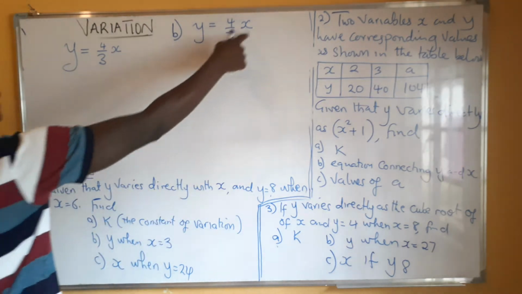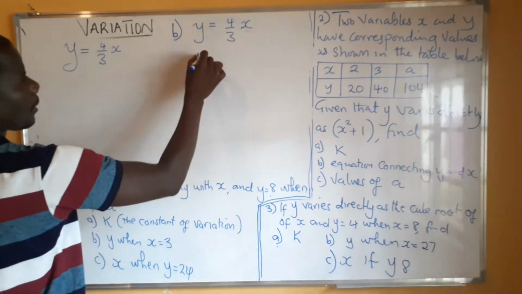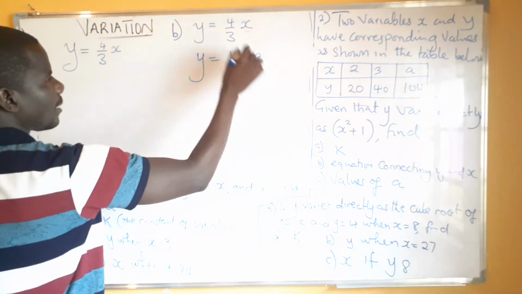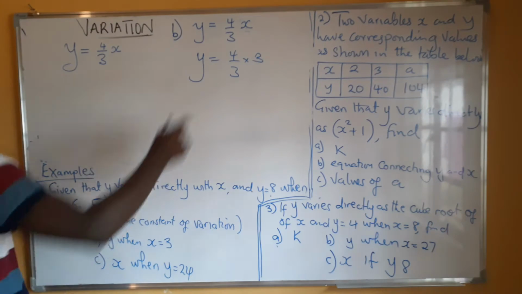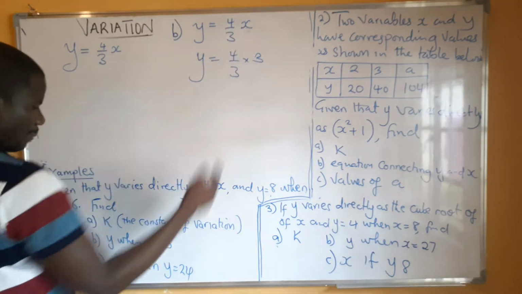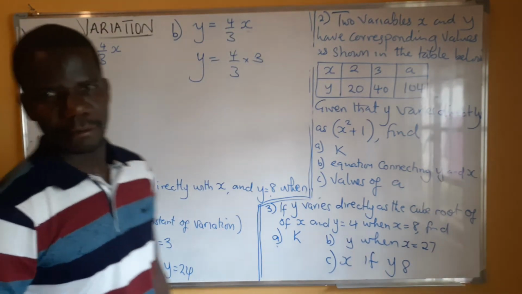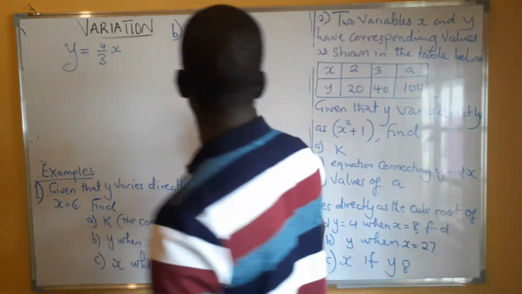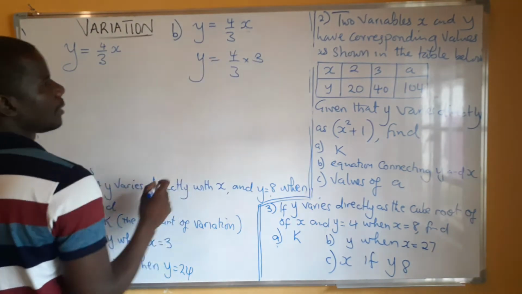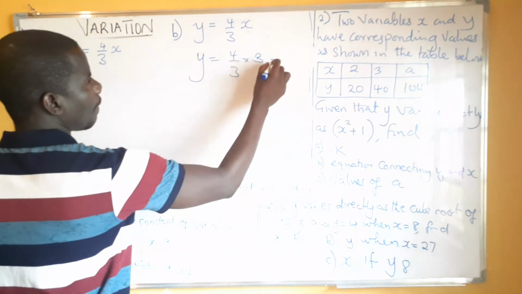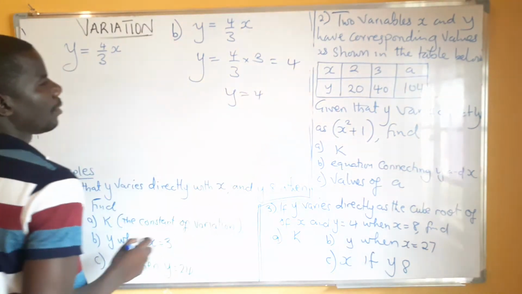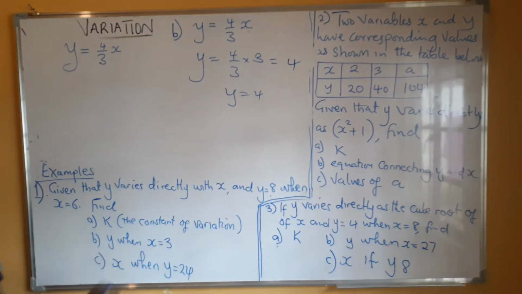We want this y when this x is equal to 3. What are we doing? We're going to say y is equal to 4 over 3 multiplied by 3. We have replaced x with 3, because that is what the question is telling us. After we have done that, we simplify. You know that 3 into 3 is 1. So we're going to have 4. So y is equal to 4 when x is equal to 3. We are done with that part.